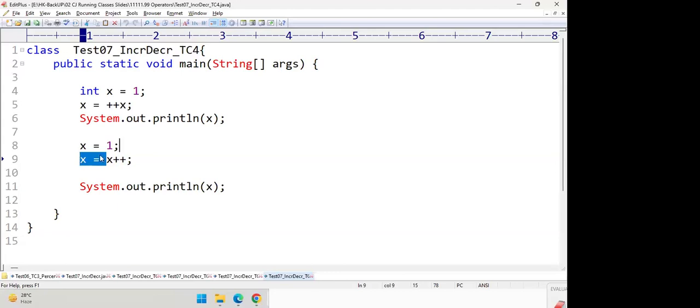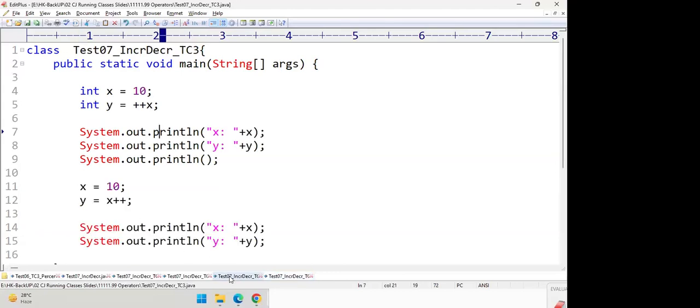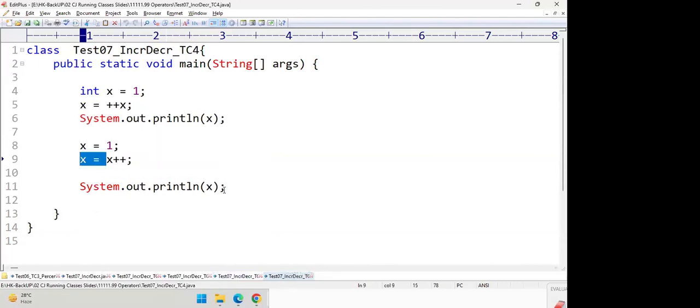In the previous program, you are assigning to a different variable. In this program, you are assigning to the same variable. In a post-increment, if you assign the result to the same variable, the variable is not increased. Remember. Okay. There is an algorithm.